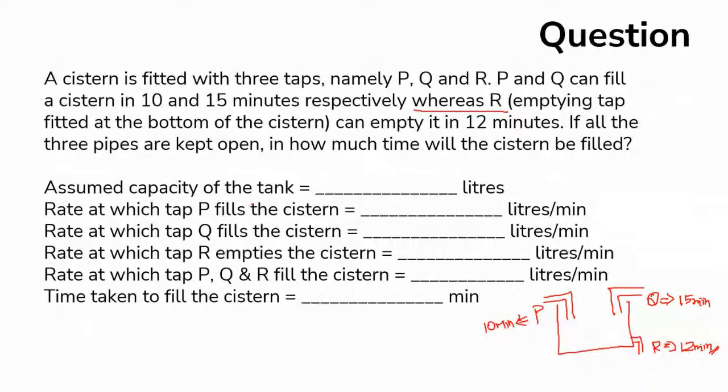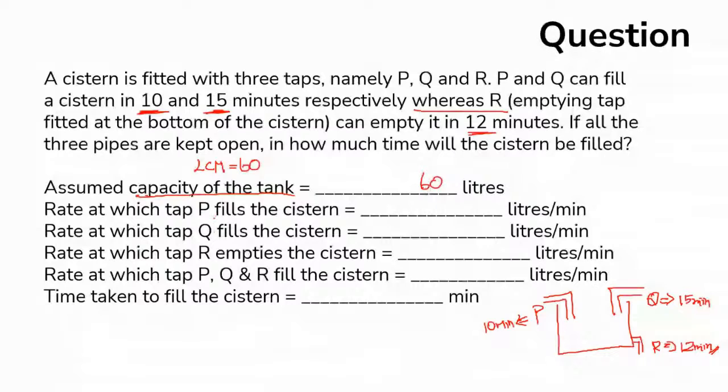First, we don't know the total capacity of the tank, so we assume the capacity of the tank by taking the LCM of these three values: 10 minutes, 15 minutes, and 12 minutes. If we do that, you will get 60 as the LCM. So we assume the total capacity of the tank as 60 liters.